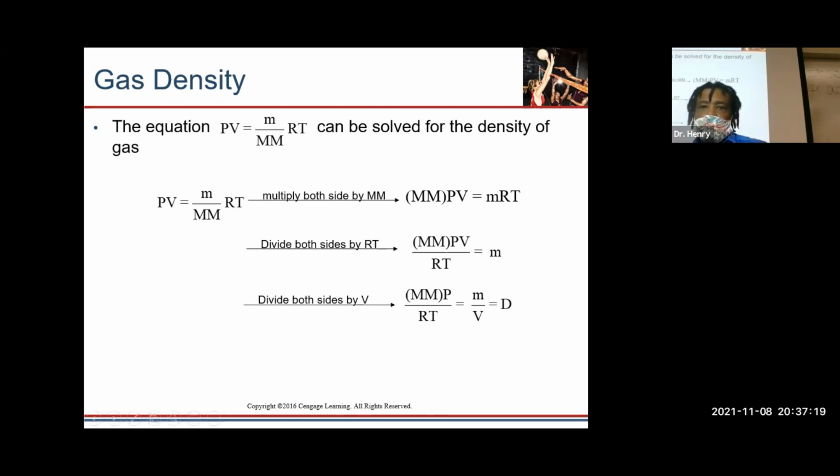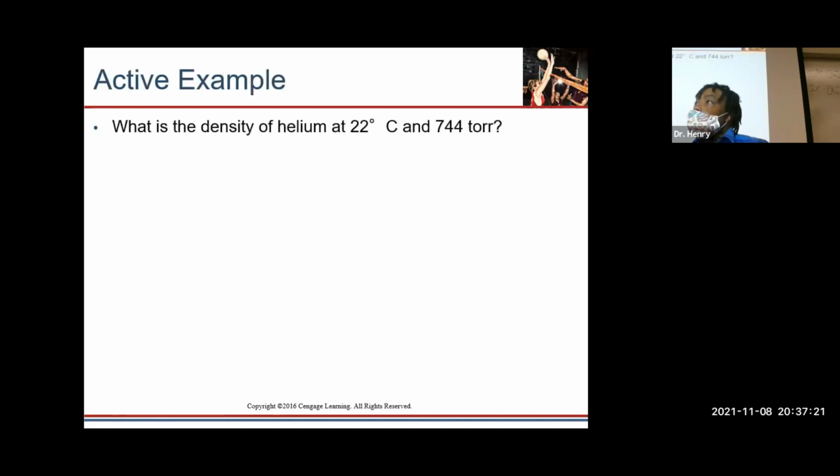So how can I use that? What is the density of helium at 22 degrees Celsius at 744.4 torr? Now, remember, the ideal gas constant is in atm.